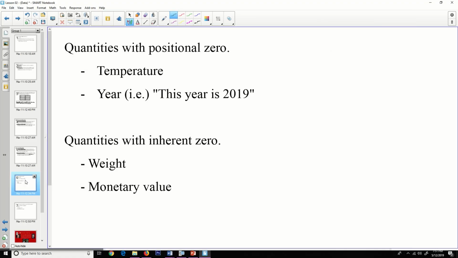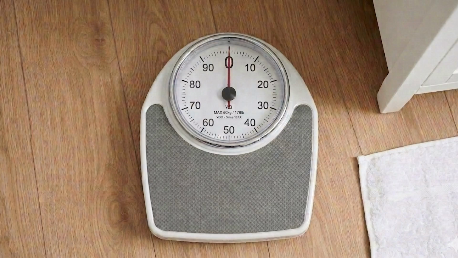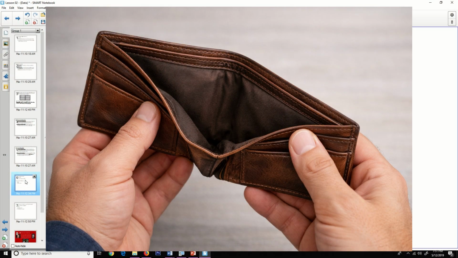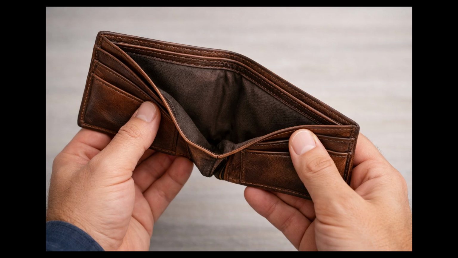Quantities with inherent zero, like weight: if you have zero weight, there is no weight there. Monetary value: if you have $0, there is no monetary value. You are broke. Another way to think of it is, can you divide two pieces of data and have the result make meaningful sense?